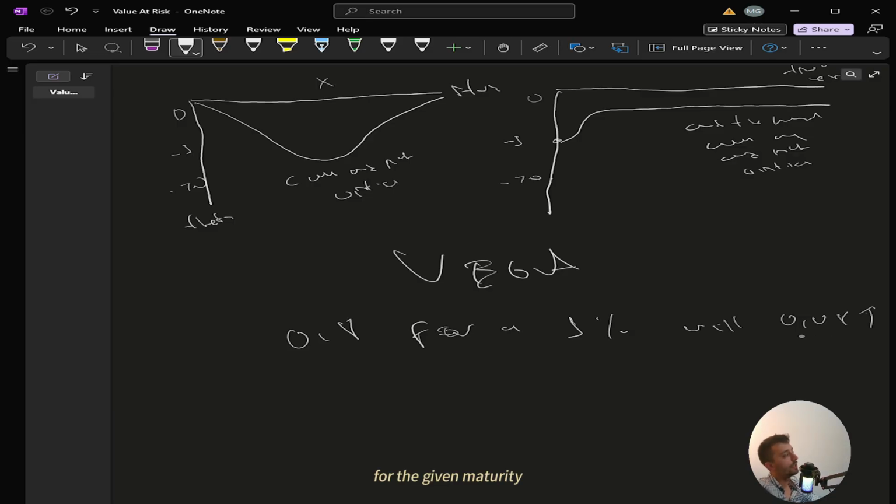For a given maturity, exercise price and risk-free rate, call Vega equals put Vega. This is really important: Vega of a call equals Vega of a put.